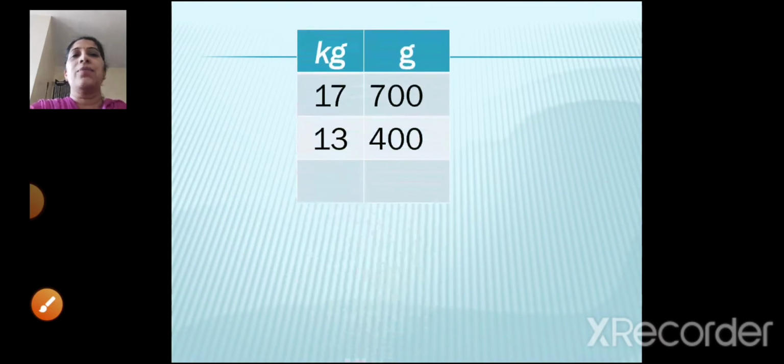Again we will make two columns, kg and gram, right? So we have put 17 kg in the kgs column, 700 gram in the grams column, right? So that was the weight of the potatoes. And what was the weight of the cabbage? 13 kg 400 gram.